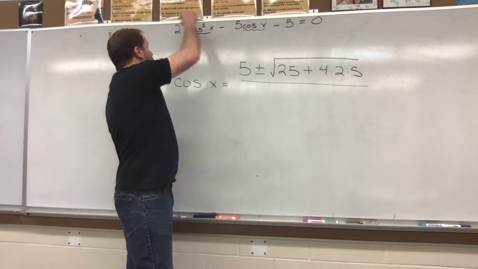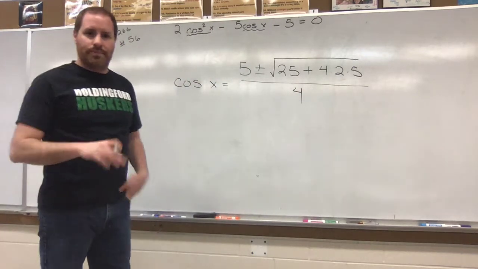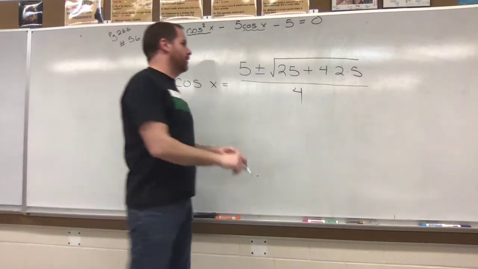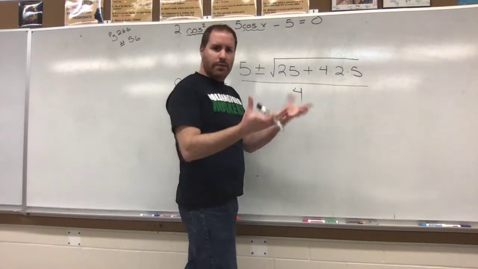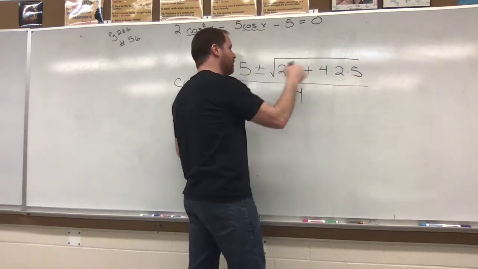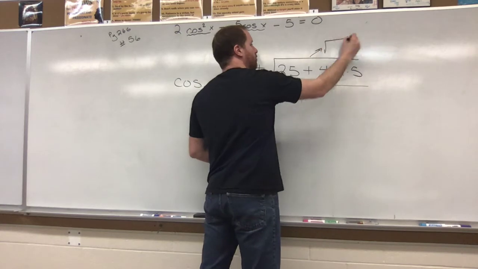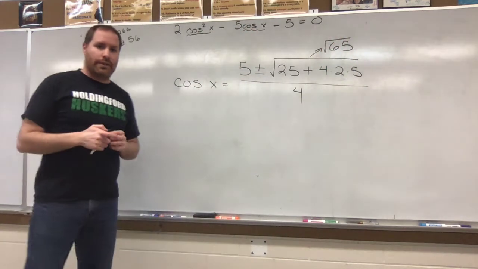All over 2a, which is just 4, right? 2 times 2. And we just work this out here. This stuff in here, 25, and then 4 times 2 times 5, that's going to be 10 times 4, 40 plus 25. This is really the square root of 65, correct? That's what the cosine of x is equal to.